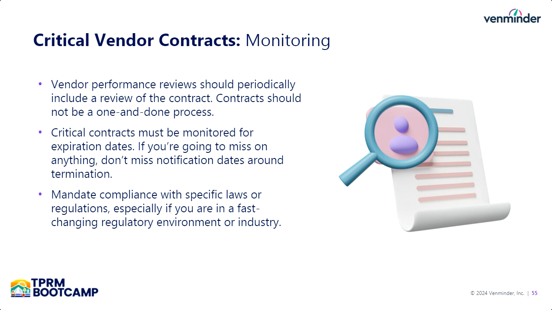And you need to be reviewing these critical vendor contracts on a regular, ongoing basis to ensure that if there have been changes in laws or regulations, you know where you might have gaps in the contract to ensure compliance by that vendor with those updated laws and regulations.